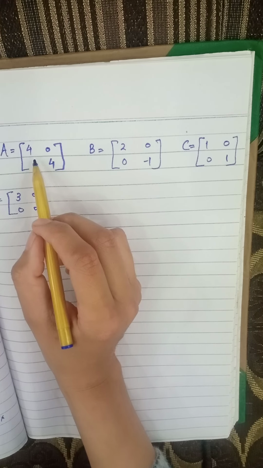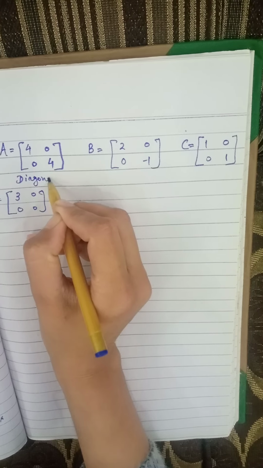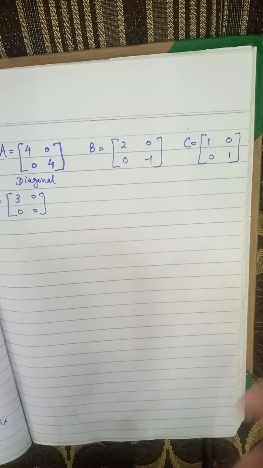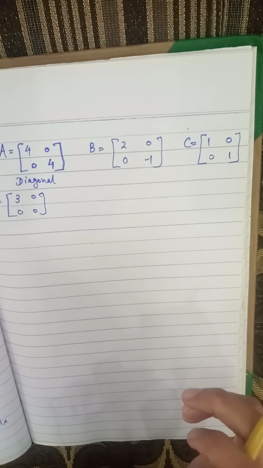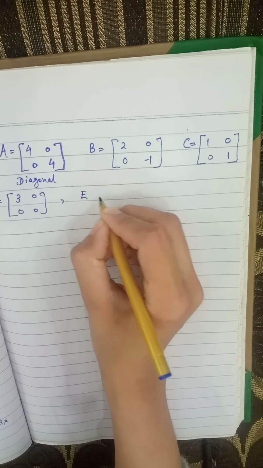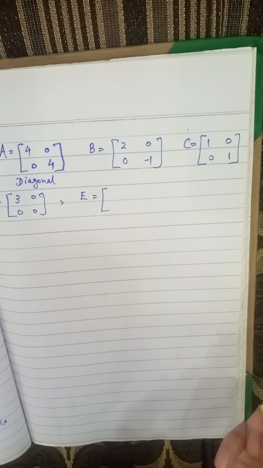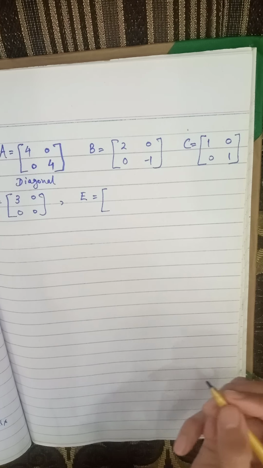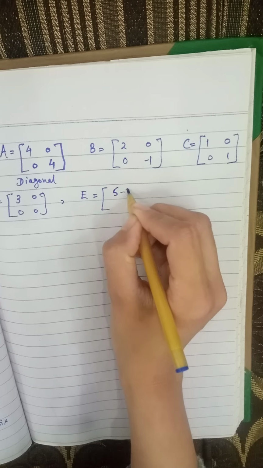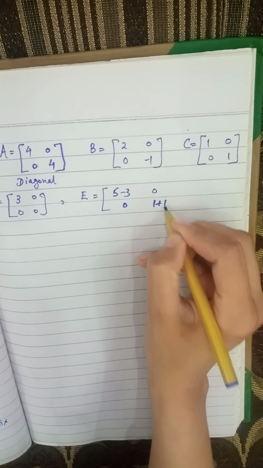So the first one is a diagonal matrix. What about the scalar? The scalar matrix is the type of matrix having the same entry in the diagonal. So which one among these is the scalar?